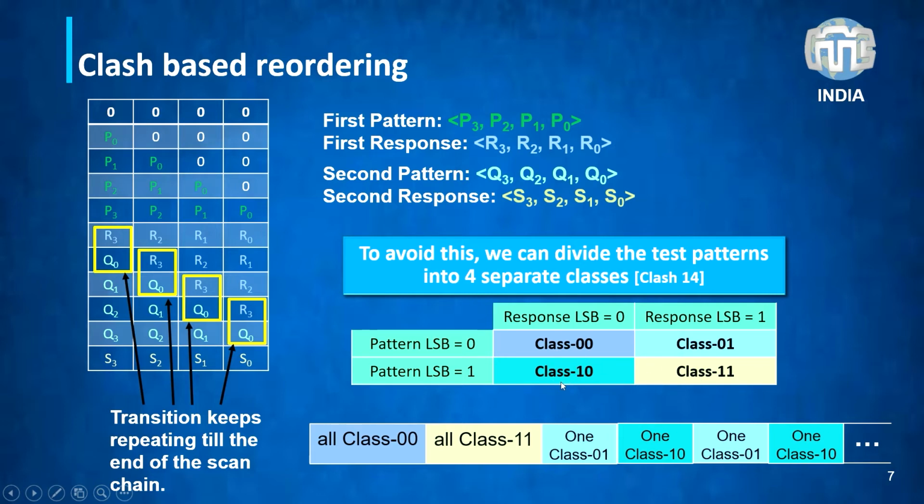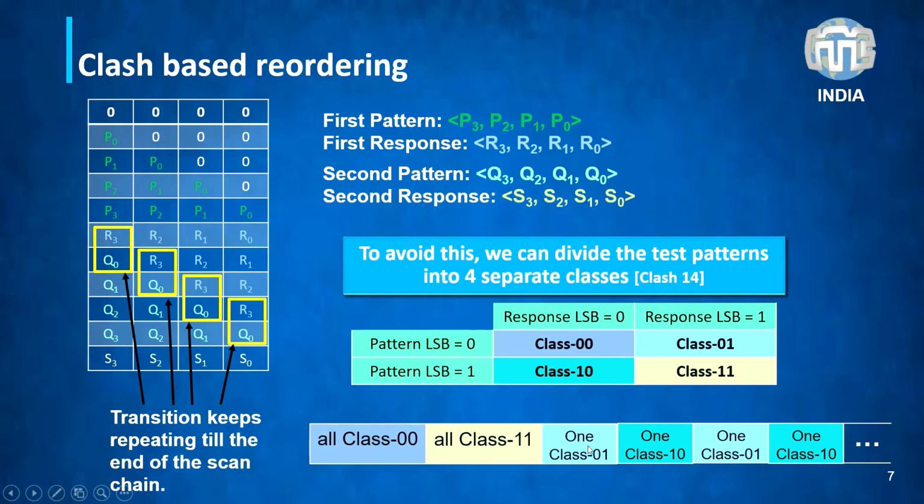Class 10 is nothing but patterns where the least significant bit of the pattern is 1 and the least significant bit of the response is 0. Those kinds of patterns are classified as class 10. Next, you can see that all the classes are arranged in this particular manner. All the class 00 patterns are merged together. Then we apply all the class 11.